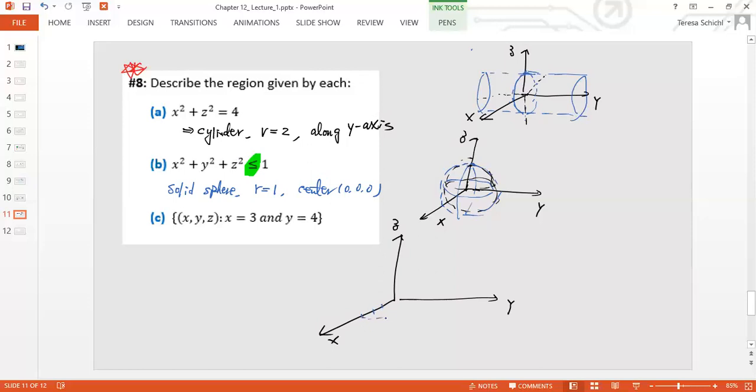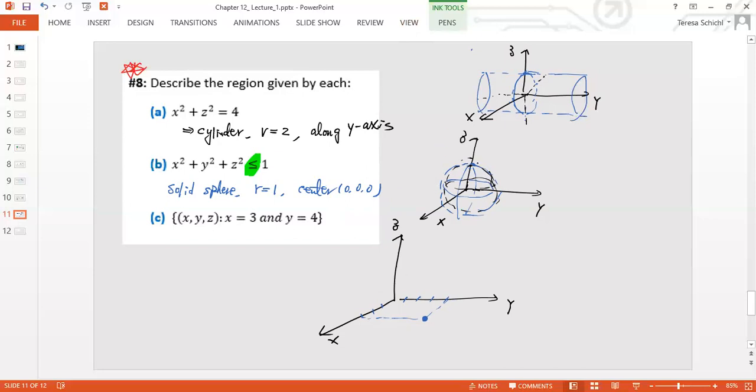And y equal to 4, so 1, 2, 3, 4. That's our point. But remember, now I don't have z here. So what happens? That means z can be any number, right?